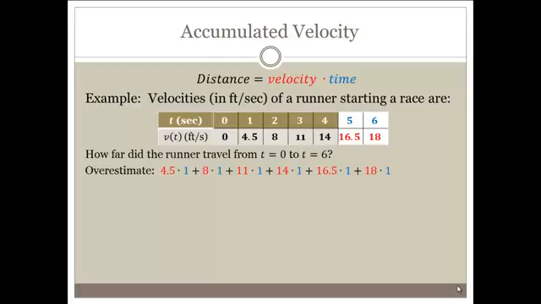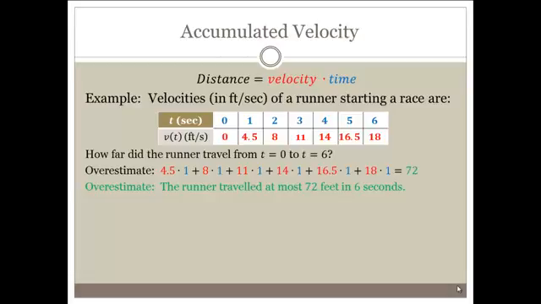So over the entire 6-second time interval, they traveled 4.5 feet plus 8 feet plus 11 feet plus 14 feet plus 16.5 feet plus 18 feet for a total of 72 feet. So our overestimate is that the runner traveled at most 72 feet in 6 seconds.